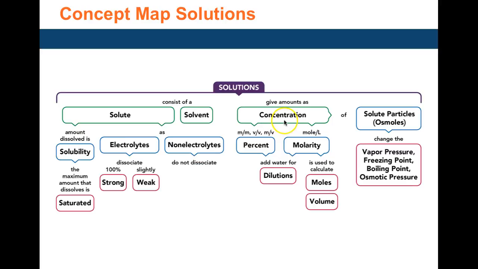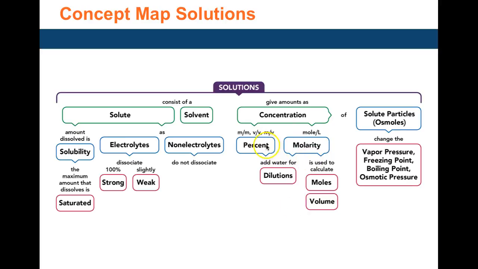Types of solution concentrations can be either mass, gram over gram, or volume by volume, mL over mL, or gram over mL, or molarity, which is commonly used, moles over liter. And then these percent solutions or molar solutions can be diluted. You can take a stock and dilute it further.